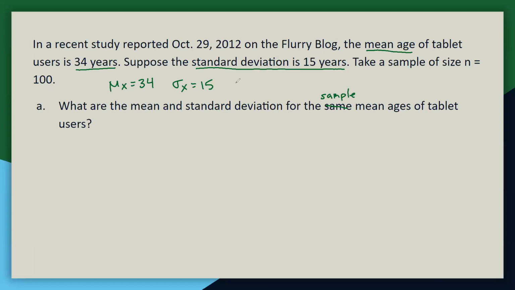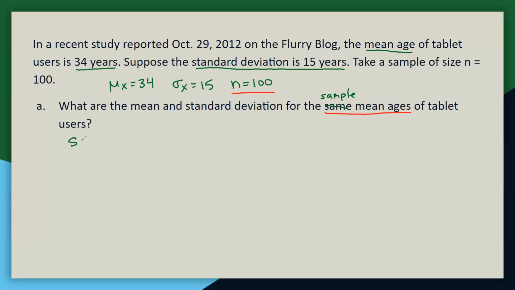And then we know that we're going to be looking at samples of size 100. The fact that they gave me this tells me I'm likely looking at a sampling distribution. And in part A, they're asking about mean and standard deviations for the sample mean ages. So those two things together tell me I'm looking at a sampling distribution.